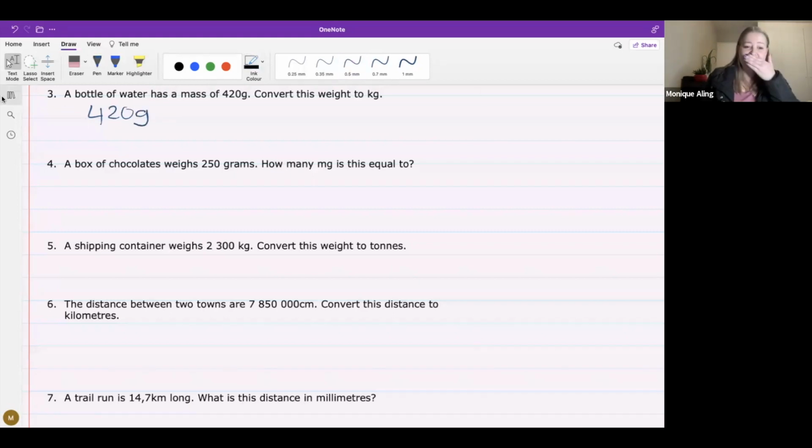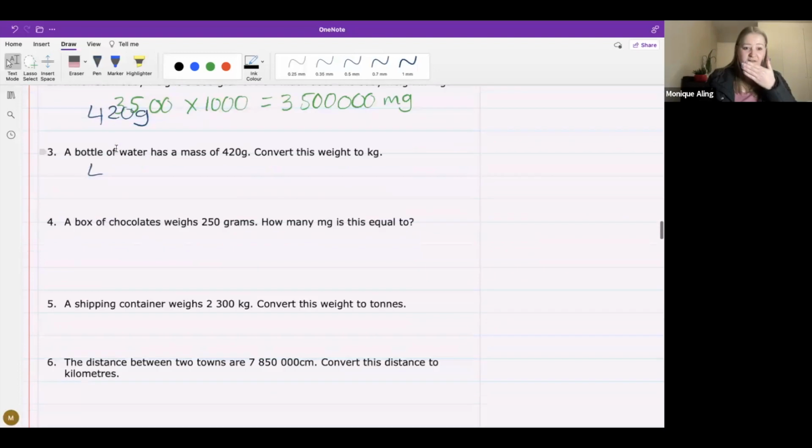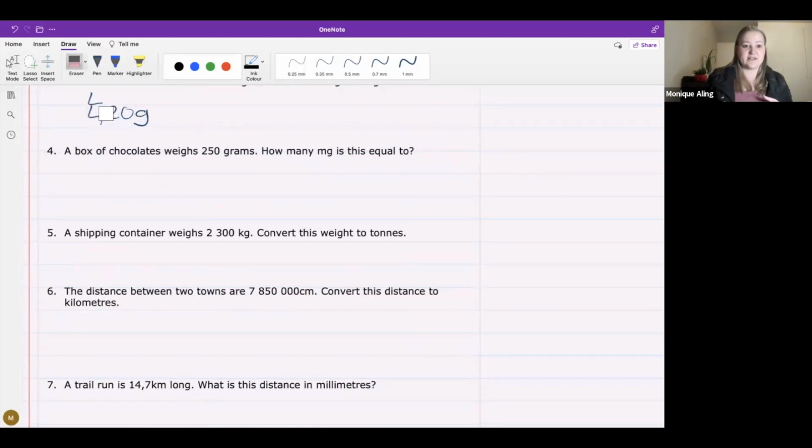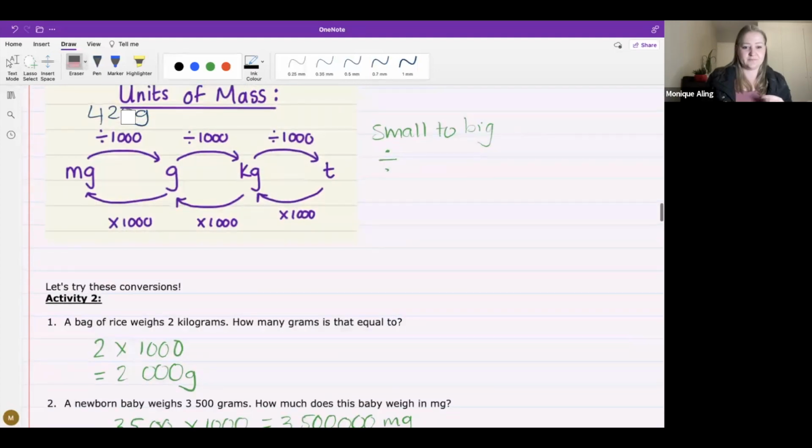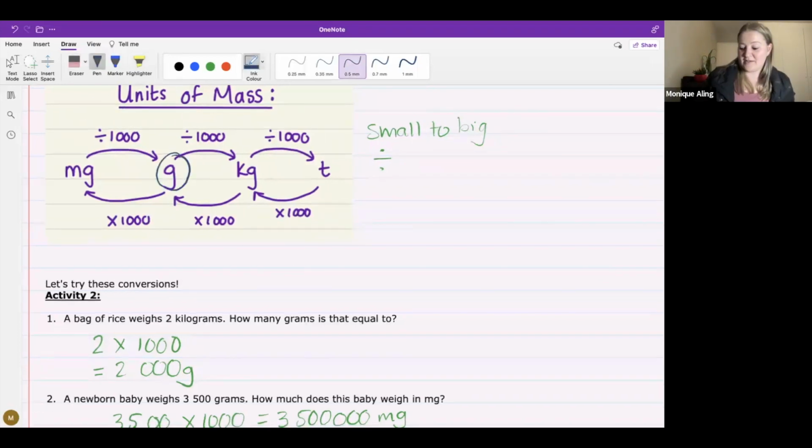Okay, just 2 seconds. We're going from grams to kilograms. Why is this following now? Grams to kilograms. So are we not dividing by 1,000?